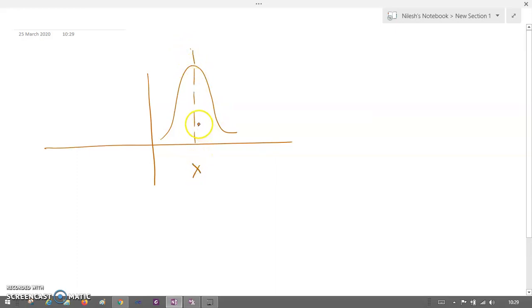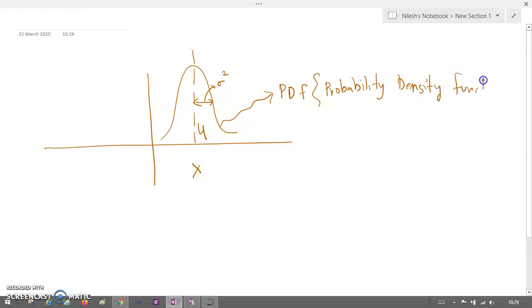This is the x, this is mu, and this distance is going to be my sigma square or sigma. And this particular graph is basically known as PDF. I will write it down: probability density function. This is the PDF of x basically.